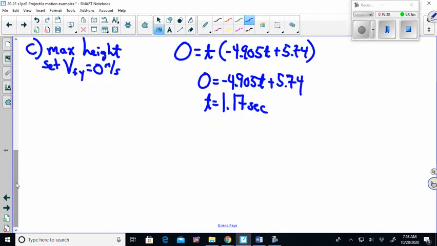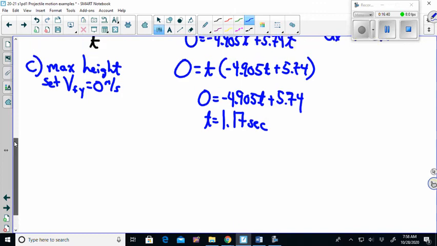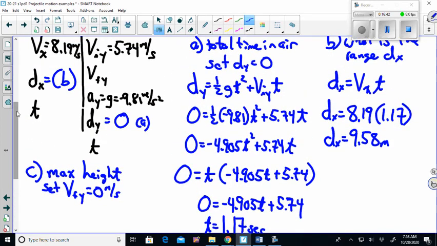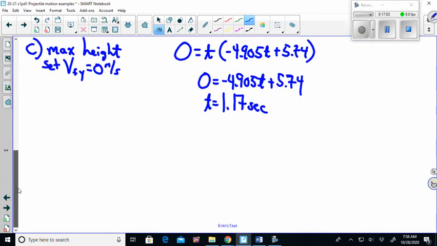So then I need an equation where, so for part C, this is 0, and I'm looking for the max height. So I'm going to pick an equation without time in it.